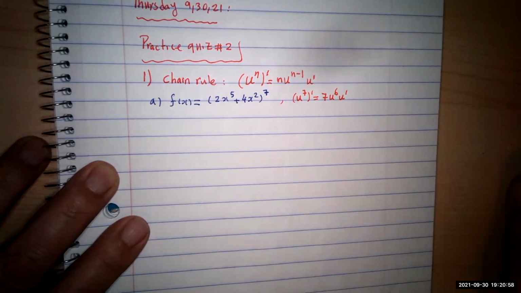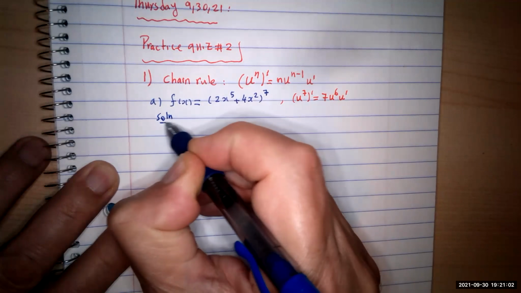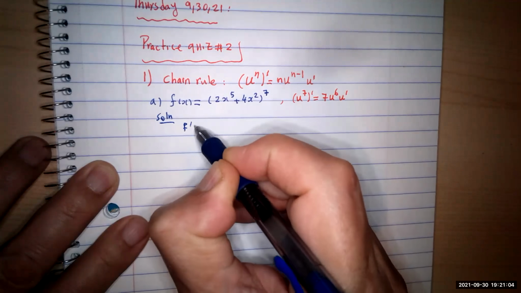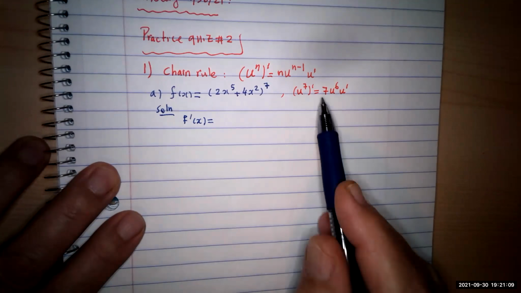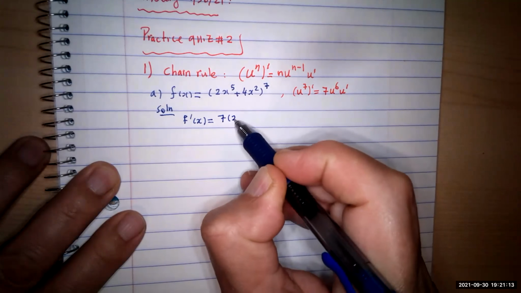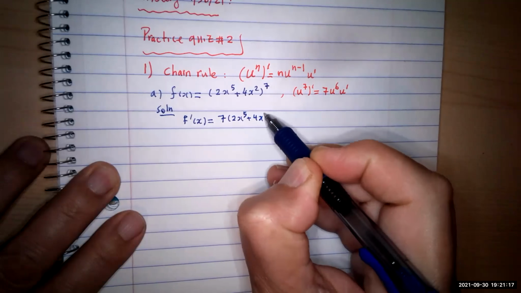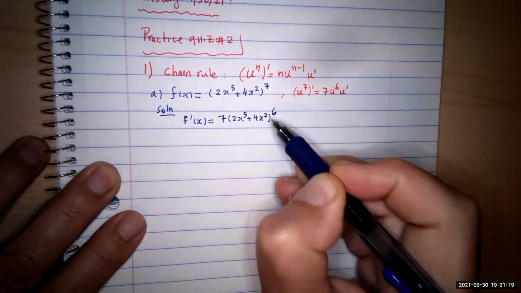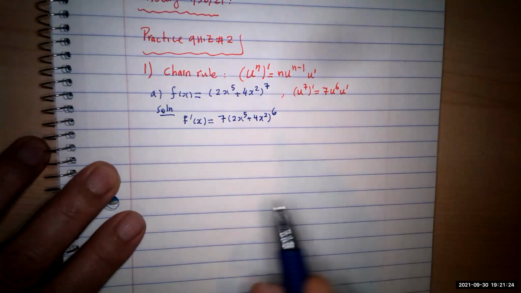Now you copy the formula. So the solution is going to be f prime of x, the power first, 7, then the inside to the 6, nothing is going to be changed inside, remember, just the power. So that would be 7, to the 6, now the u prime. Action of the power and the action of the u.